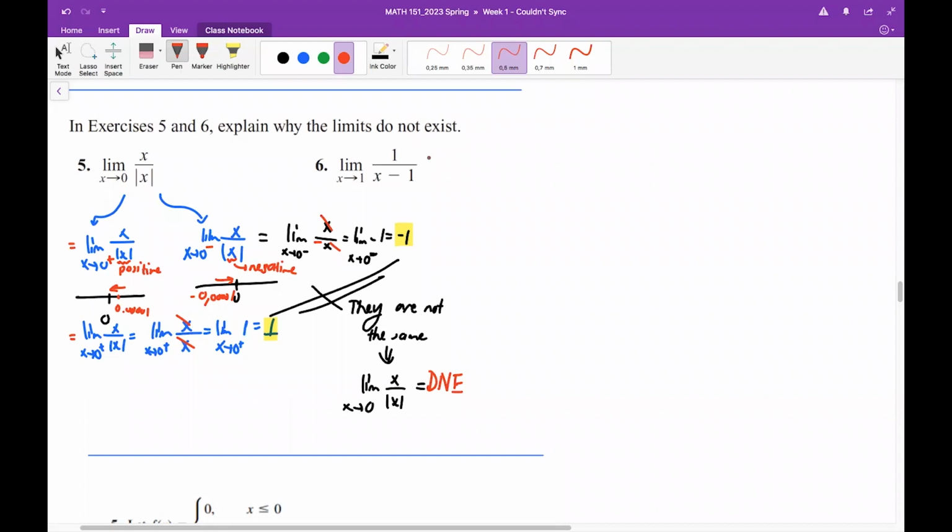Now look at this one. Again, for this question, we will look at one-sided limits too. Let me show you. As x goes to 1 from right, and we will also look at as x goes to 1 from left. If you are on the right side of 1, approaching from right, you will insert something like 1.00001.